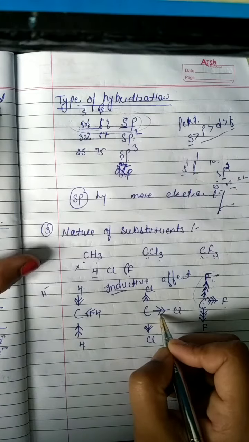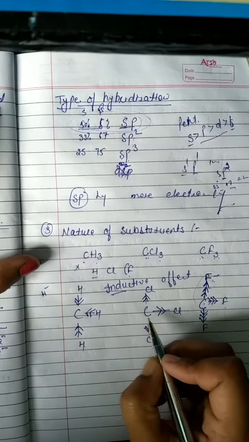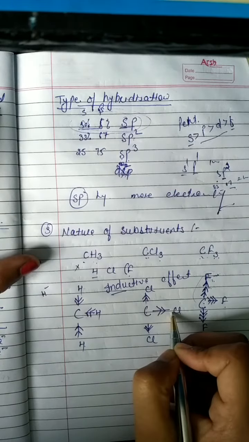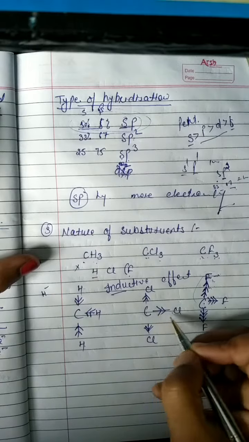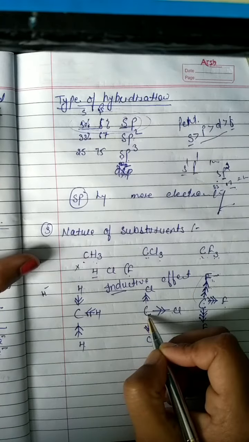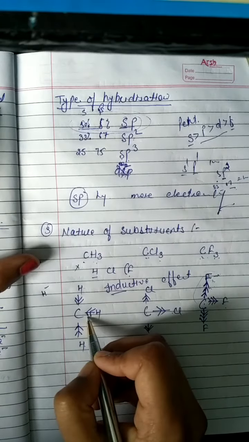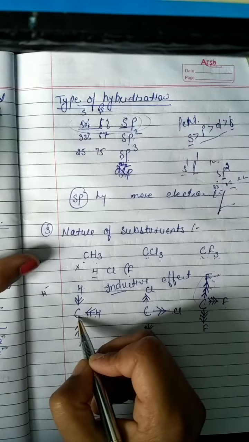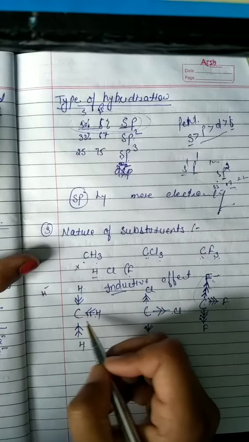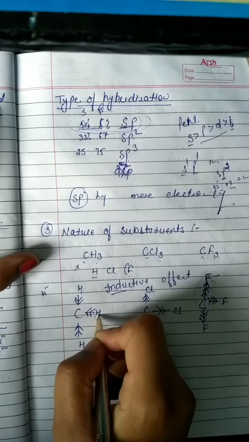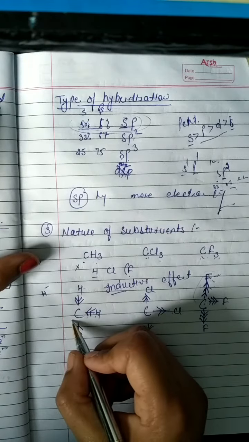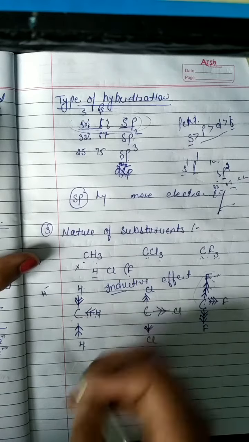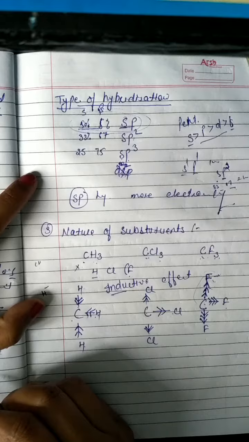But chlorine has a greater size, so chlorine has a lesser tendency to get the electrons from carbon. But in the case of hydrogen, carbon has completed its valency octet to gain the electron from hydrogen. So that's why this arrow shows the movement of electrons. Clear?